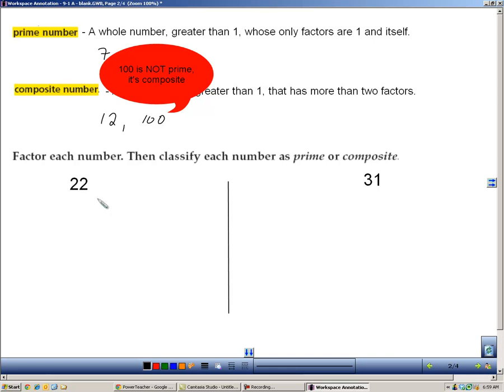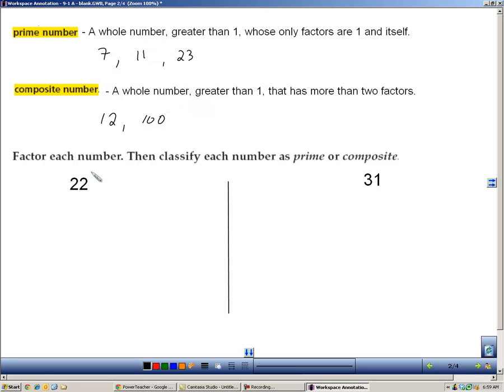So here we have an example of two numbers. We have to factor each number and classify them as prime or composite. Well, when you factor a number, you try to list all of the factors that make it up. Here we'll use 22. 1 and 22 are two factors of each other, so we'll list them. Are there any others? How about 2 and 11? Are there any others? And the answer is no. These are the only factors that you can multiply to get 22.